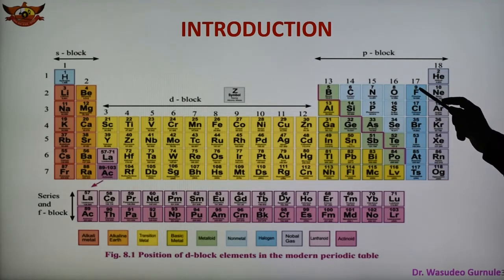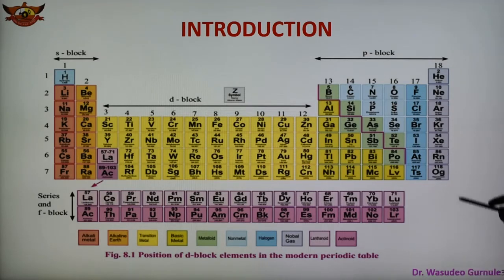In group number 17 the first member is fluorine, and chlorine, bromine, iodine, all these are known as halogens, and therefore the complete group is known as the halogen family. The halogen family contains fluorine, chlorine, bromine, iodine, astatine. And group number 18 are the noble gases or zero group elements, and these noble gases are helium, neon, argon, krypton, xenon, radon and oganesson.